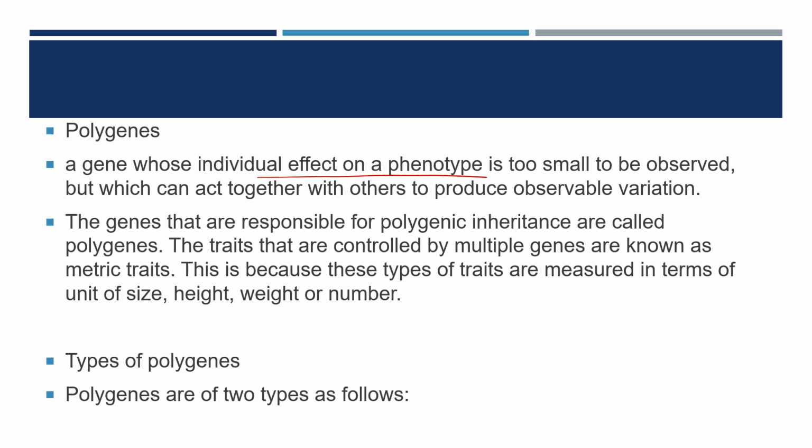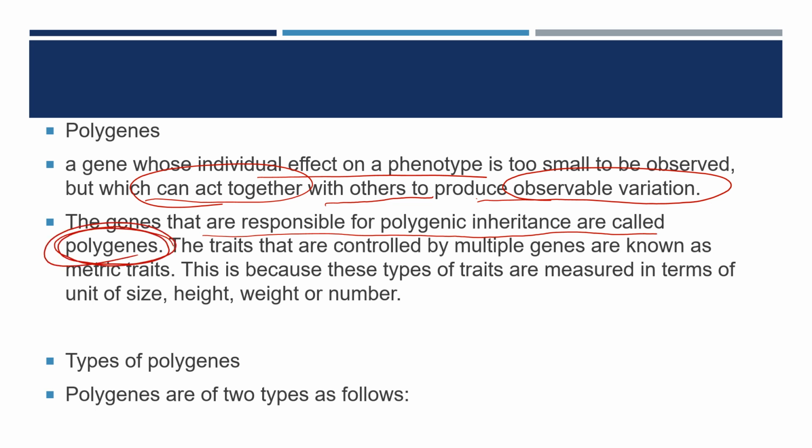But when it acts together with others, you can see the observable variation. The genes responsible for polygenic inheritance are called polygenes. These are the genes which are responsible for polygenic inheritance.